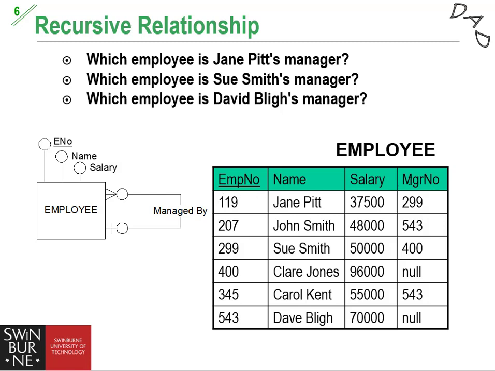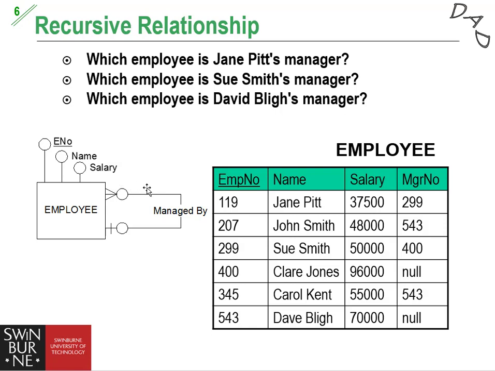So why do we put the manager number here? Because you can see we have the many end ended up in the same entity. Now as you know the rule, if the many end is attached to an entity, that means the foreign key goes there. So what is this foreign key? This foreign key is the primary key of the related entity.